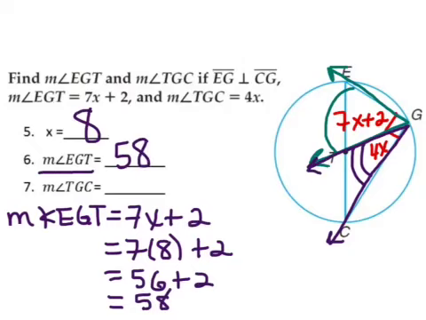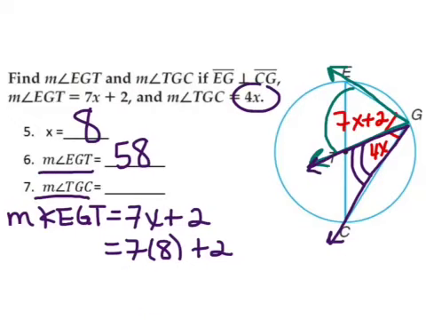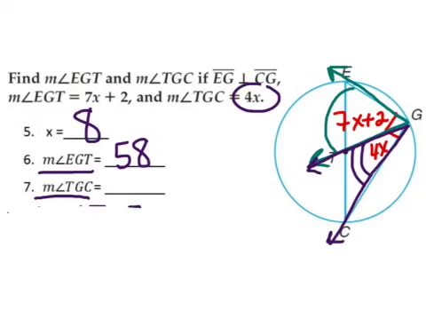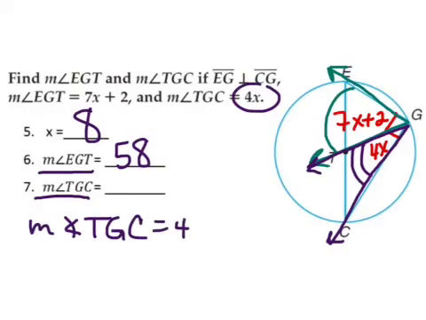Now let's tackle the measure of angle TGC. Again, we know that it's equal to 4x. And since we know that 8 is equal to x, we get 32.